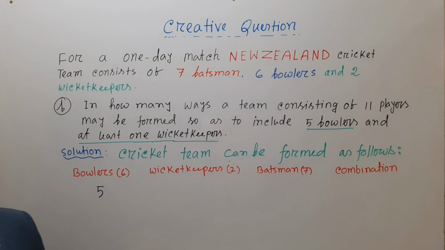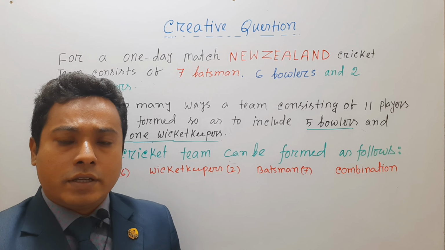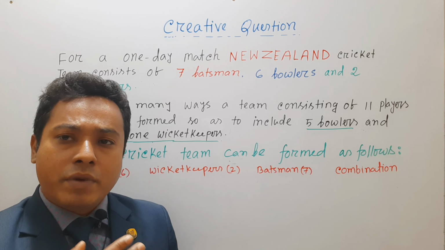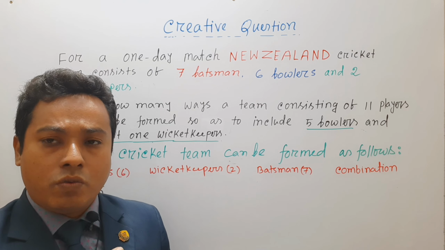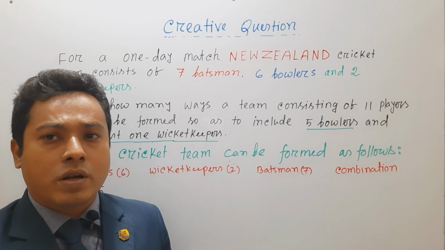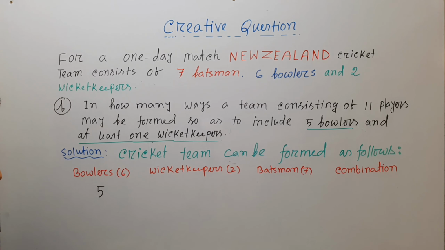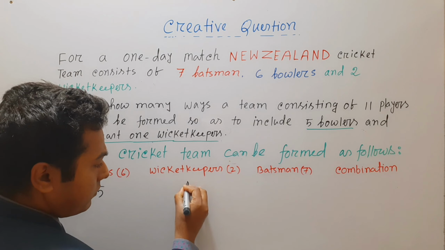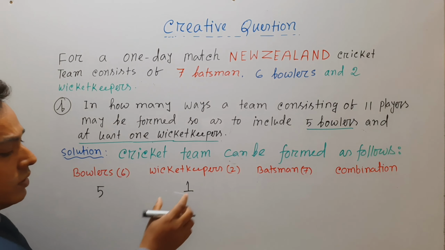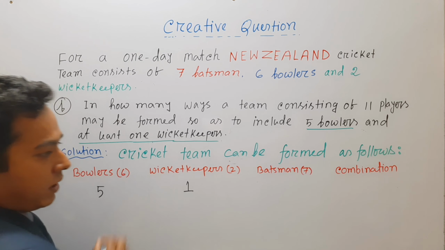At least 1 wicket keeper means minimum 1 and more. So first, at minimum we can take one, so one and more. So at first we can take one.